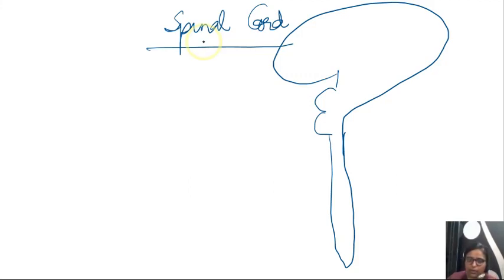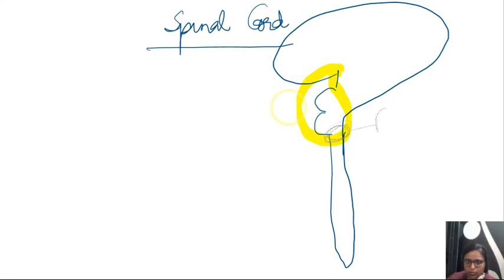See, it is the brainstem, which includes your midbrain, pons and medulla. Fine. And if we are talking about the spinal cord, see, this is the foramen magnum, the opening.